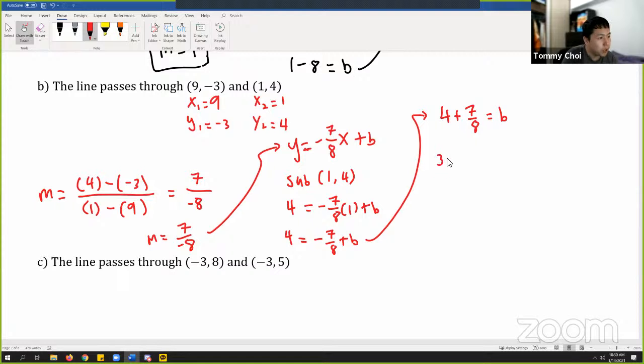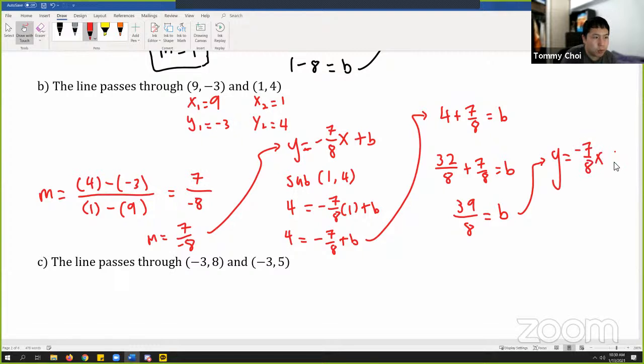And changing the 4, I'm going to get 32 over 8 plus 7 over 8 is equal to b, which gives me 39 over 8 is equal to b. The final equation then would be y is equal to negative 7 over 8 x plus 39 over 8. And there's our final answer.